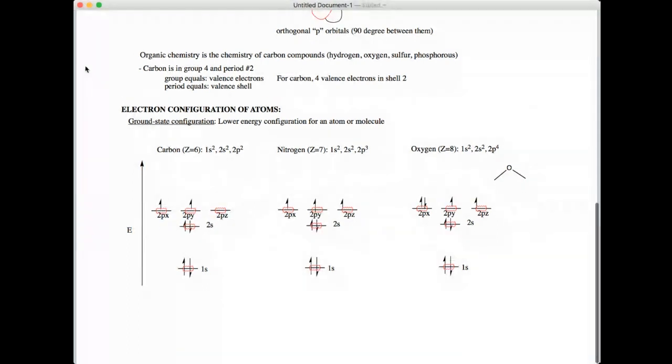So when you talk about electronegativity, I define electronegativity as the power of attraction by the electrons in the valence shell, right? What happens in a period with electronegativity from left to right? So as I said, carbon is group 4.